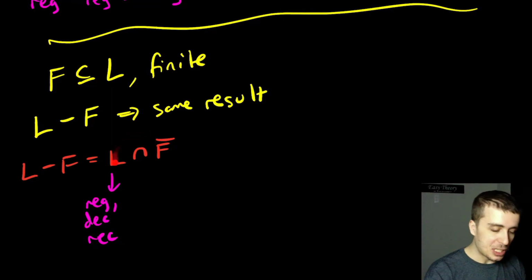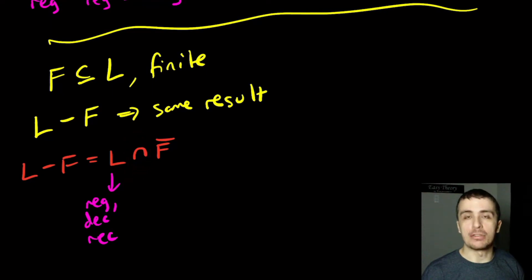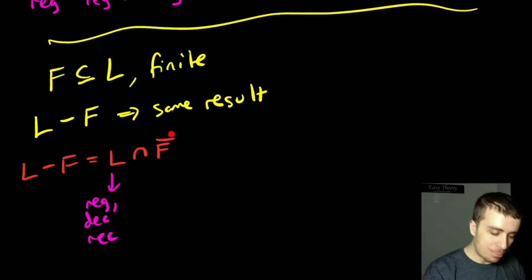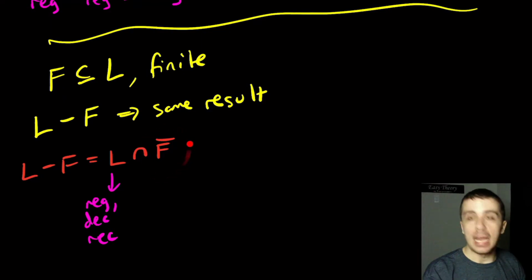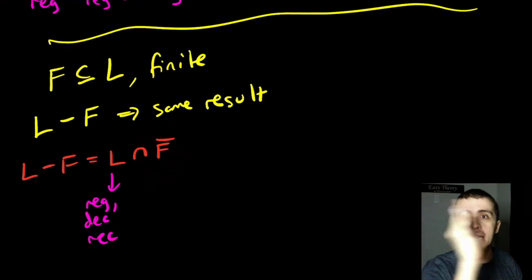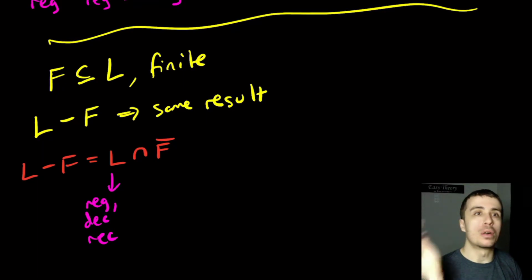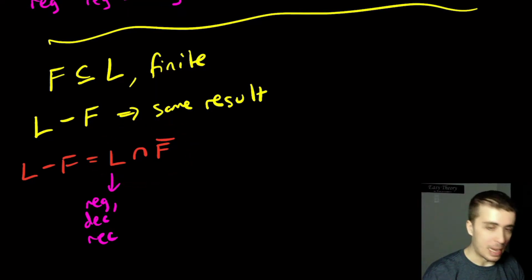The one that's slightly different is for context-free languages, where they're closed under intersection with regular languages. But since F is finite, F is regular by definition, and so therefore, F complement is regular because regular languages are closed under complement, and so we get this automatically.